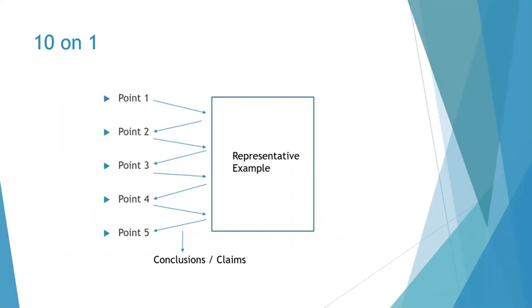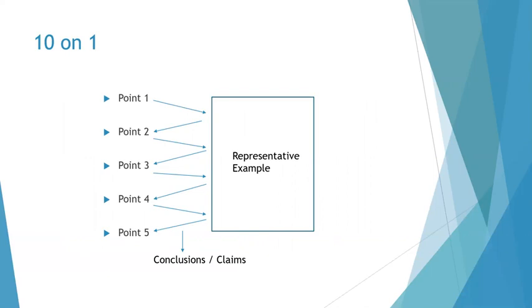10-on-1 is just the opposite. Now the numbers have inverted, and the 10 are the observations that you found in the text, and you use that to make one really important idea or claim about the text. And when you go to write your actual paper, we have this bouncing kind of diagram here.